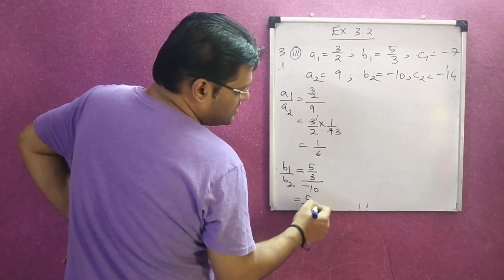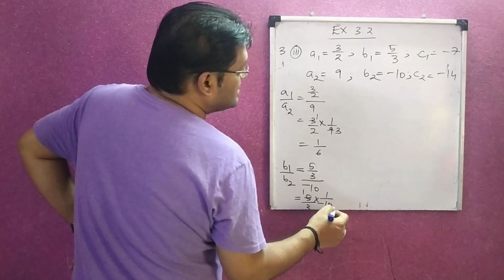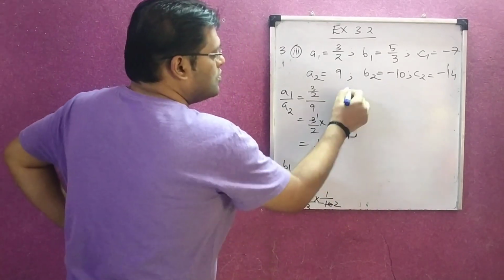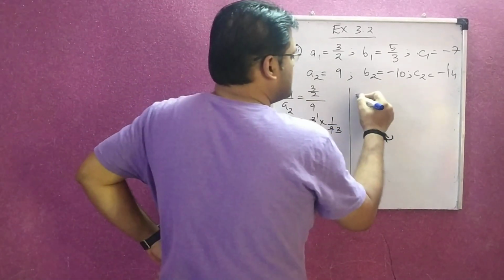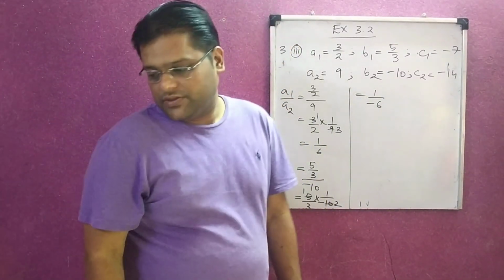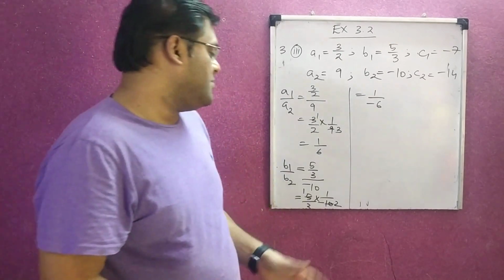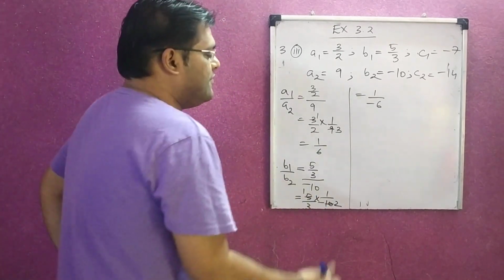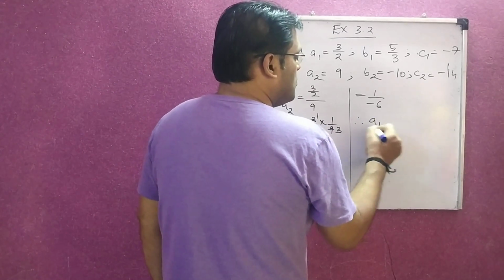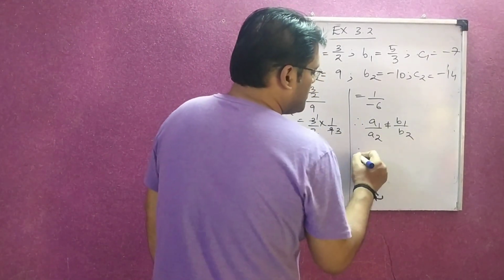That is 5 upon 3 into 1 upon minus 10. What I find is this will cancel to become 2, and I get it as 1 upon minus 6. Right? So 3 upon 2, 9. 5 upon 3, minus 10. Therefore I find that A1 upon A2 is not equal to B1 upon B2.